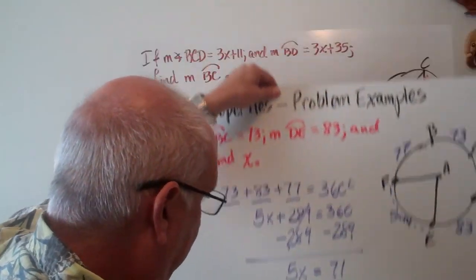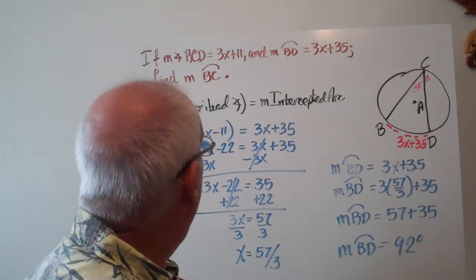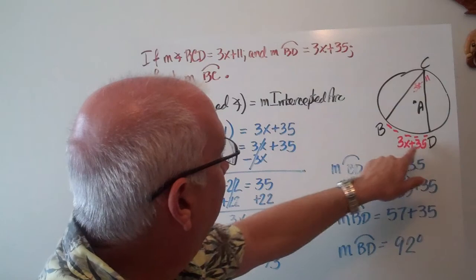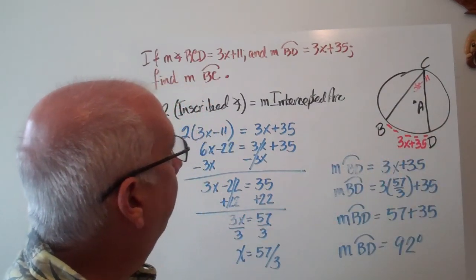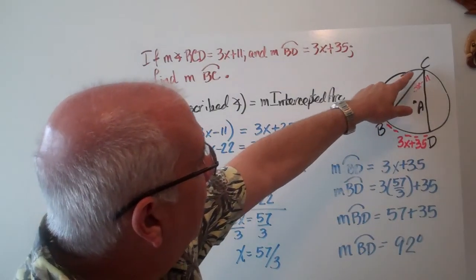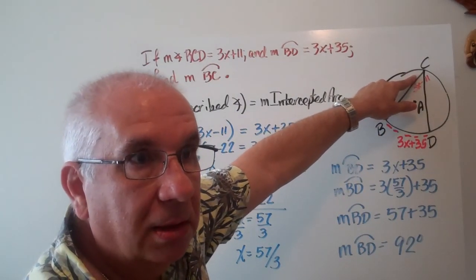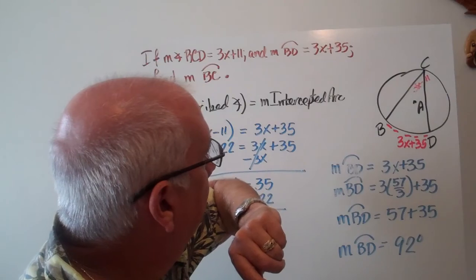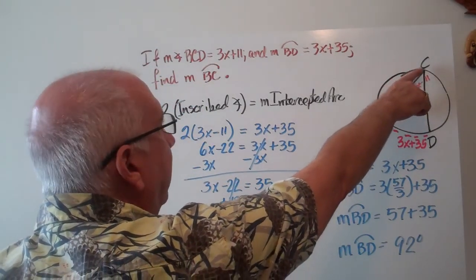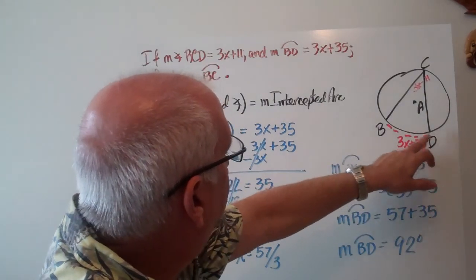On the next problem example, we are told to find the measure of arc BC, the measure of this arc right here. Well, we know that this is an inscribed angle, and we have an intercepted arc here.